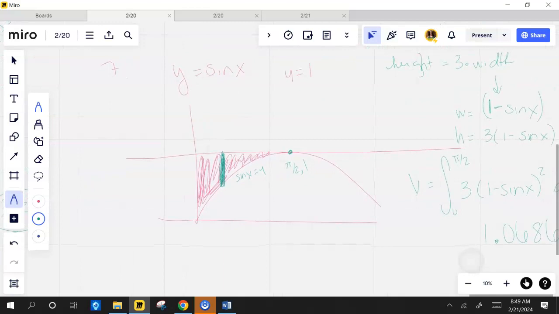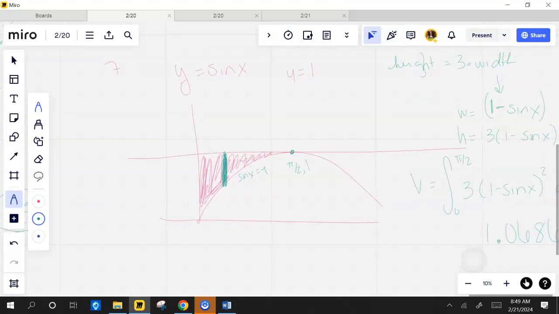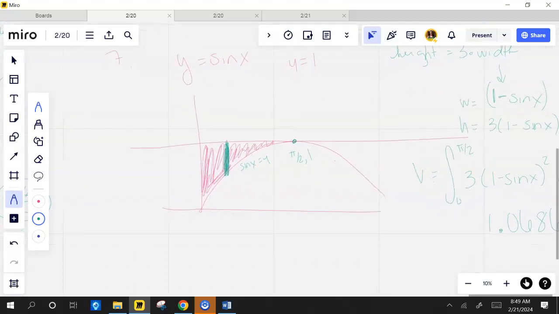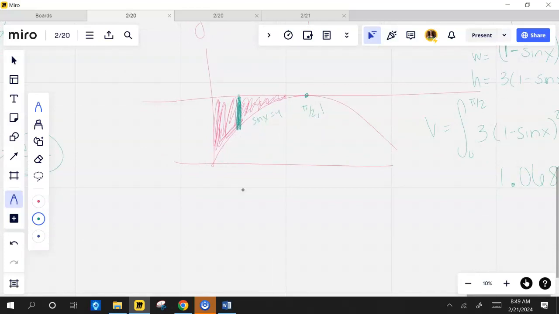Take this same region. Actually, let's keep it perpendicular to x. But let's say that the cross sections are semicircles. Oh, 1/2 pi r squared.